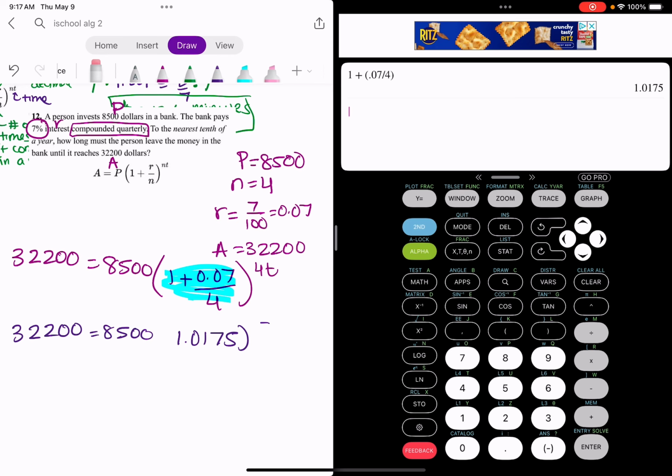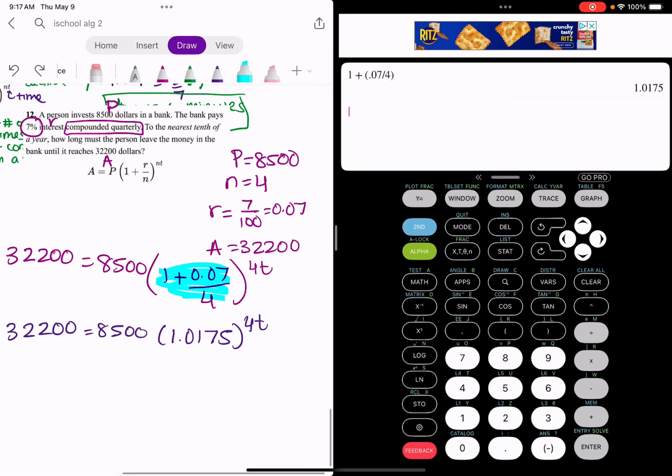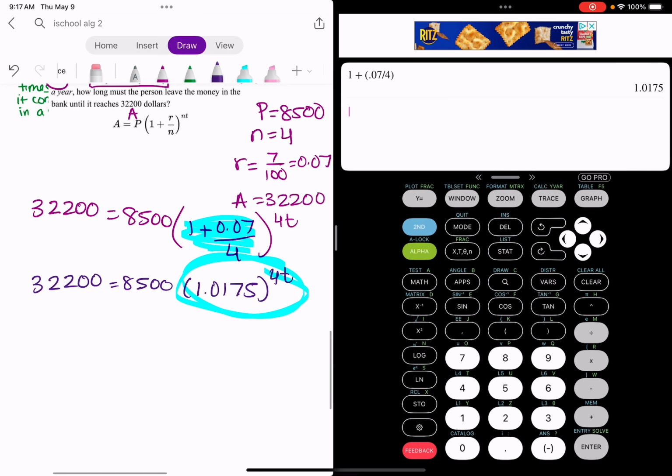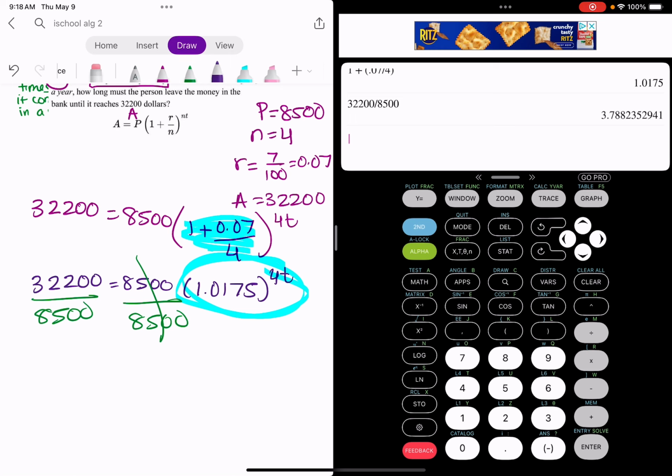Remember, we want the base and the exponent to be isolated. So we're trying to get this by itself. So I'm going to divide both sides by 8,500. So 32,200 divided by 8,500. So I get this number.